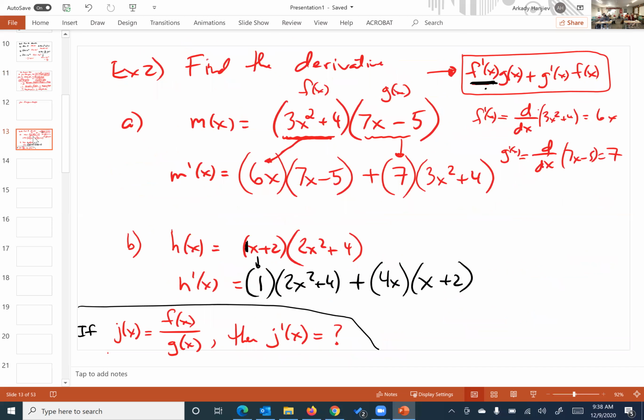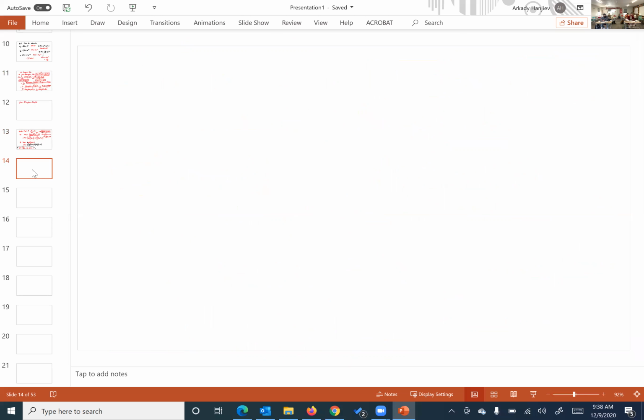Okay, so we are here. We did a couple of these, find the derivative. Almost done. We got 2 more to go, sort of theoretical stuff, and then we'll get going. So we have the product rule, that's done.